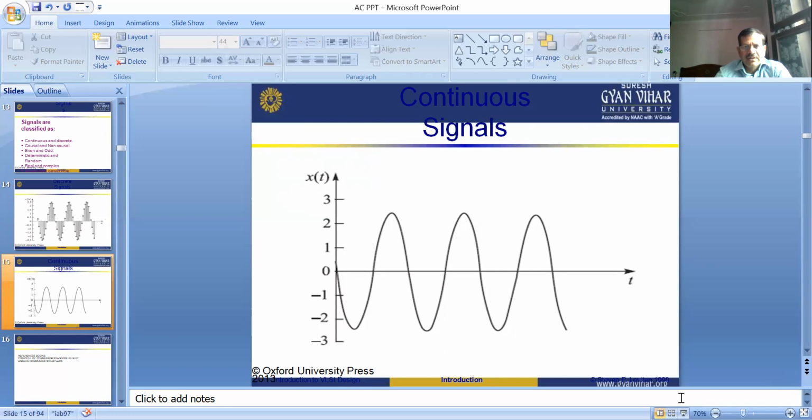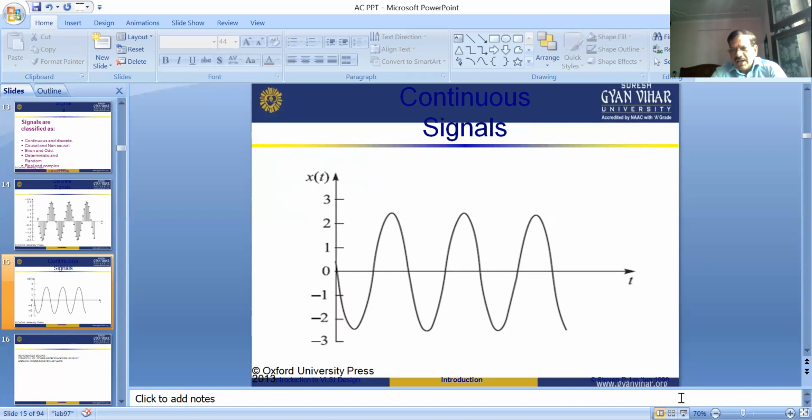In an analog signal, the wave is continuously changing with time, or we can say the voltage or current of the signal changes with time. So there are mainly two signals, analog and digital.